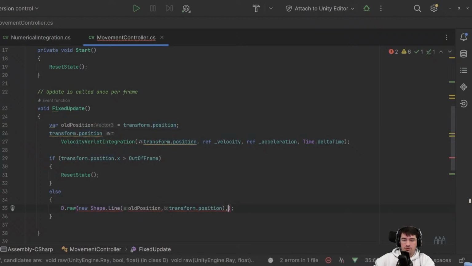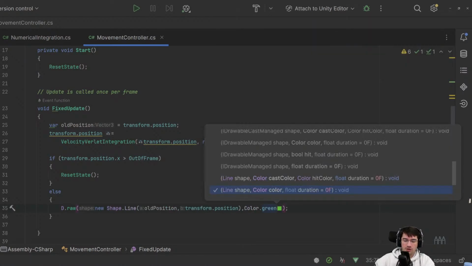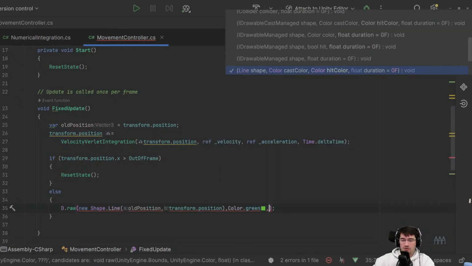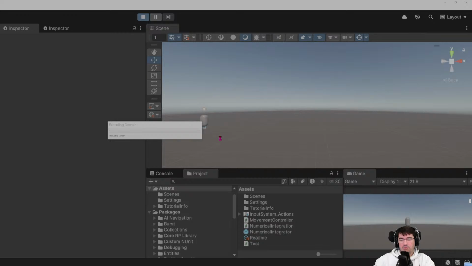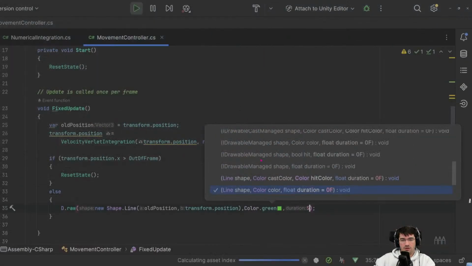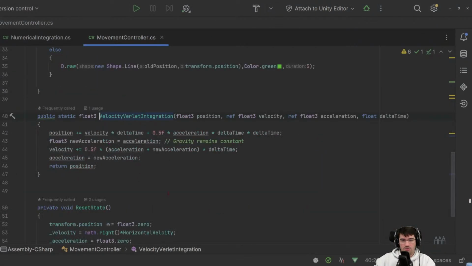I kind of like the green line, being that everything will be okay. And let's track it for 5 seconds. Let's see if that's enough based on the speed at which we are moving. Okay, so that's enough. And now we can try to implement a jumping logic somewhere in there.